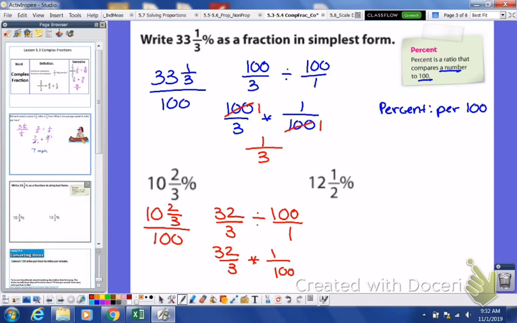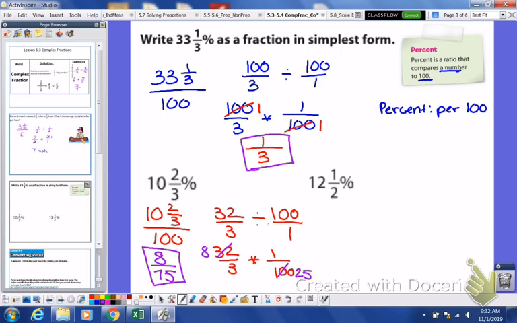I know that 32 and 100 are both divisible by 4. So 32 becomes 8, 100 becomes 25. Multiply straight across. I'm actually going to write my answer over here so I have space for the next problem. So that gives me 8 over 75, and we double check, that does not reduce, so 8 over 75. I'll go ahead and box this answer as well.